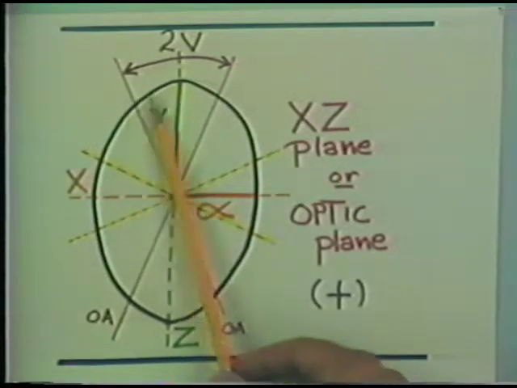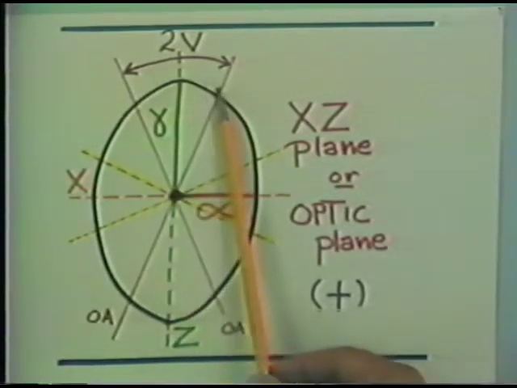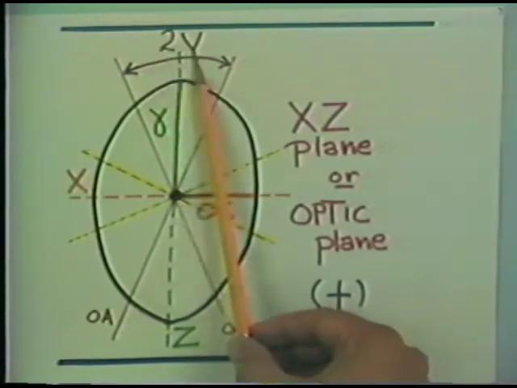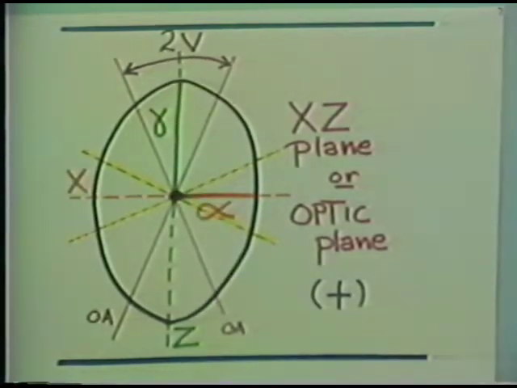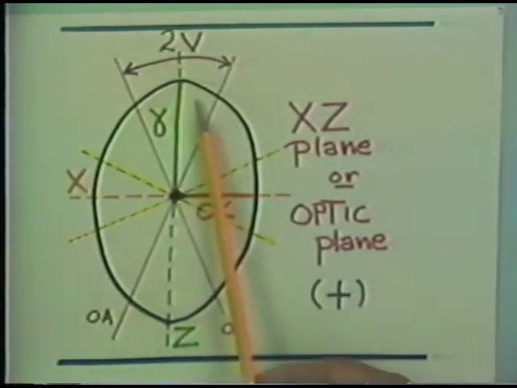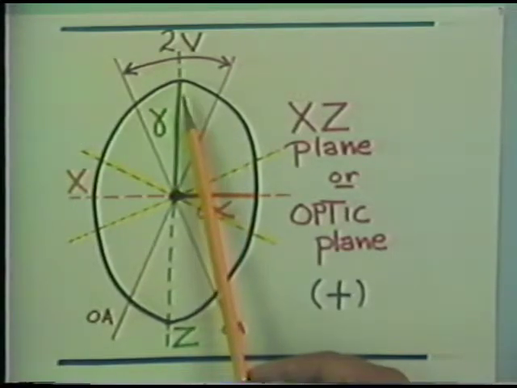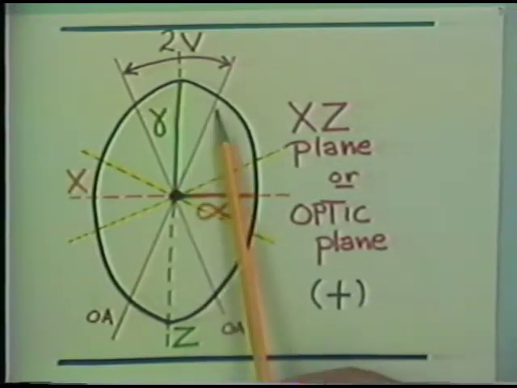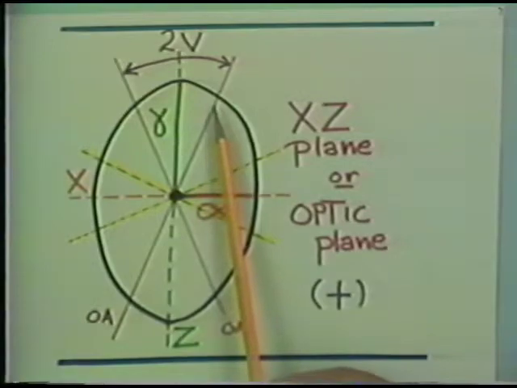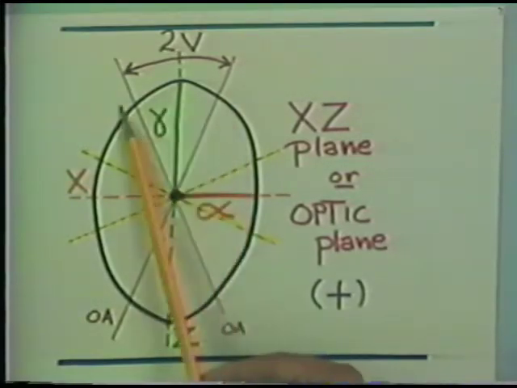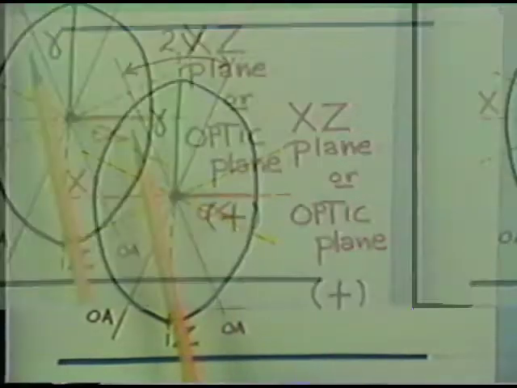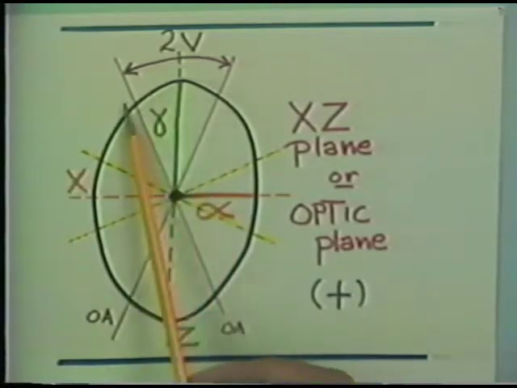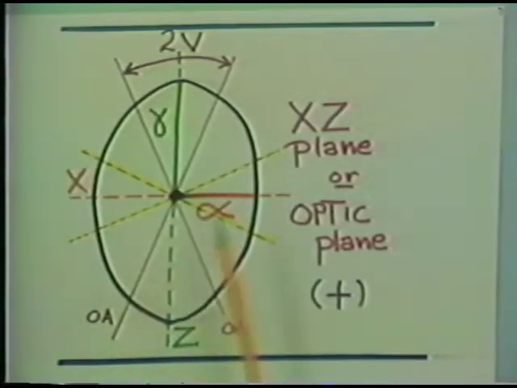The acute angle between the optic axes is sometimes called 2V. In fact, this is the shorthand notation, 2V. 1V would be simply the angle between the Z vibration direction and one of the optic axes. 2V is twice that 1V angle, and it is defined as the acute angle between the optic axes.